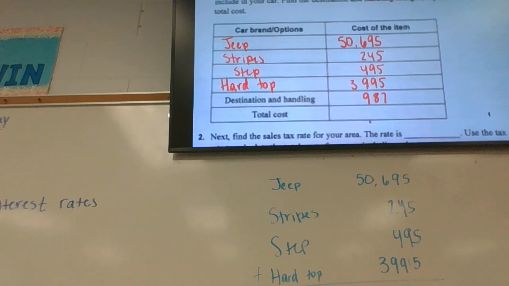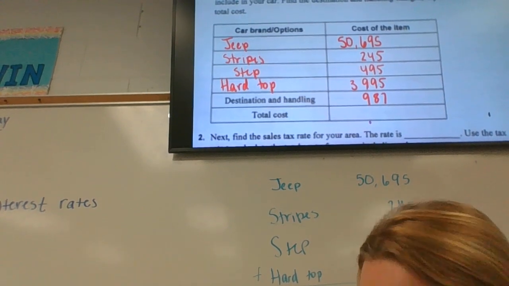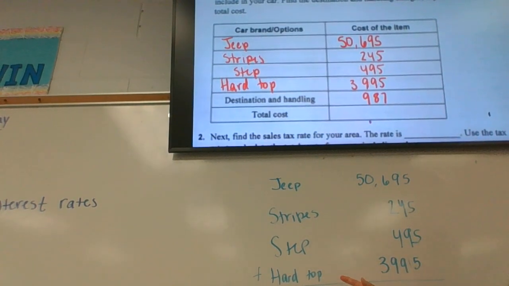If you're doing a different car and you don't have a calculator, go to Desmos Scientific Calculator. Okay. For destination fees, just do 987.